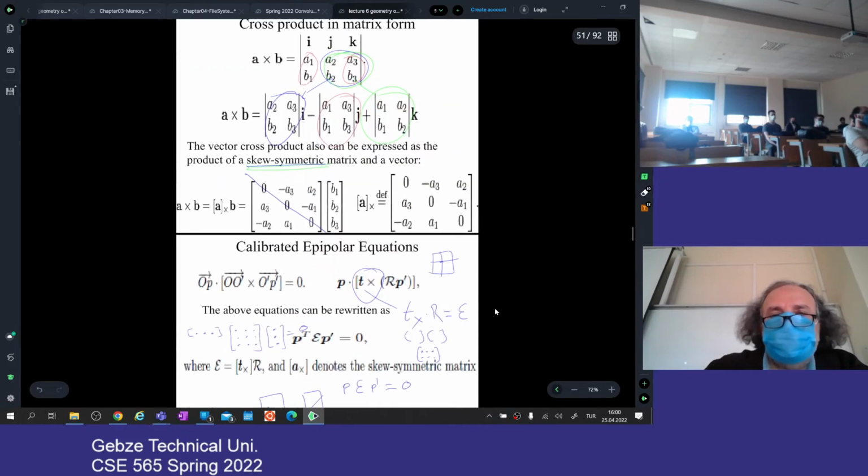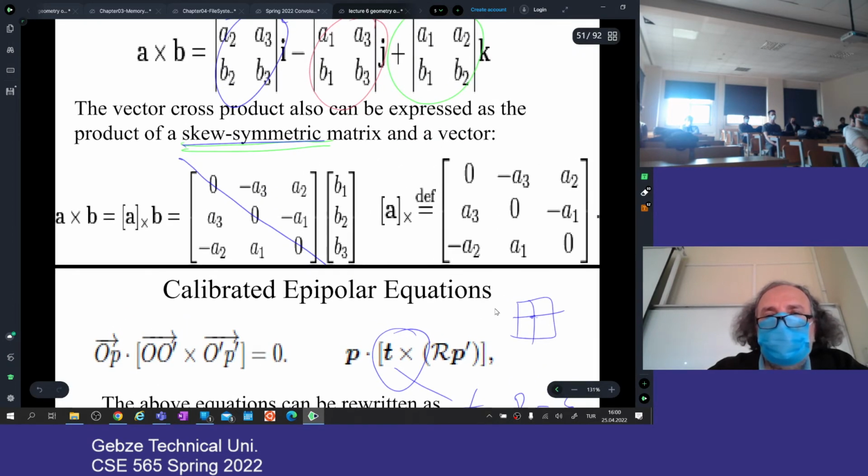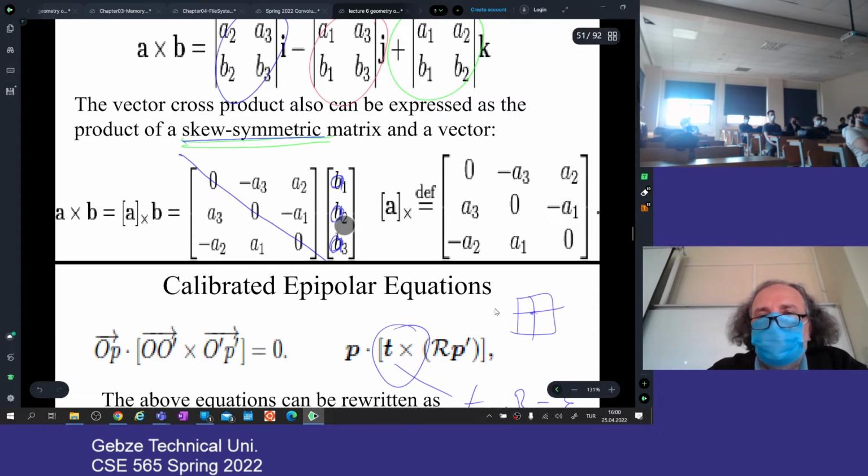Okay, here it is. If these are all A's, I am doing this cross product between these two. So what happens? A3 times A2 minus A2 times A3, they will cancel each other.